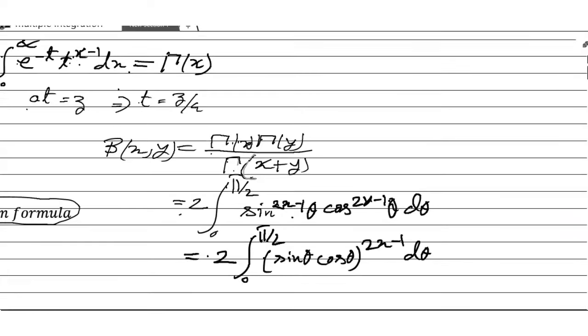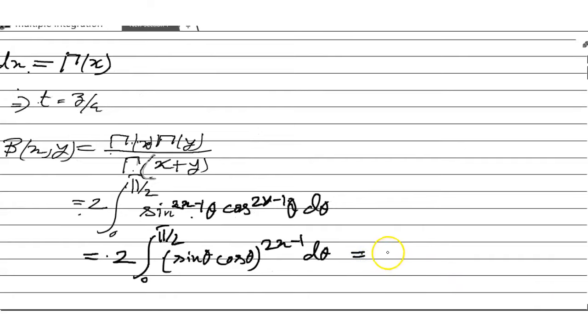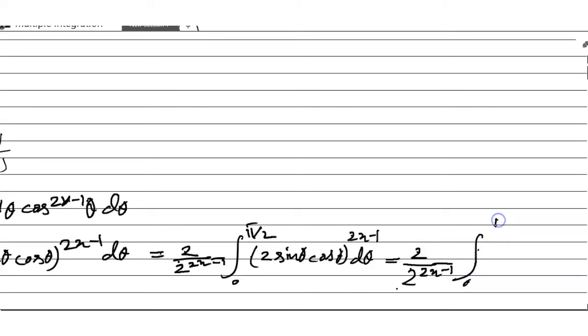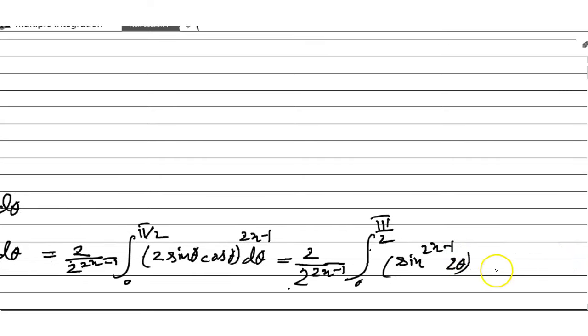And now we multiply by 2 to the power 2x minus 1 and divide, giving 2 into the integral from 0 to pi by 2 of (2 sine theta cos theta) to the power 2x minus 1 d theta, which equals 2 divided by 2 to the power 2x minus 1 times the integral from 0 to pi by 2 of sine to the power 2x minus 1 of 2 theta d theta. So friends, I hope this portion is clear.